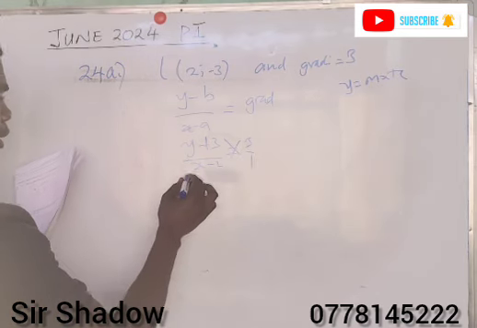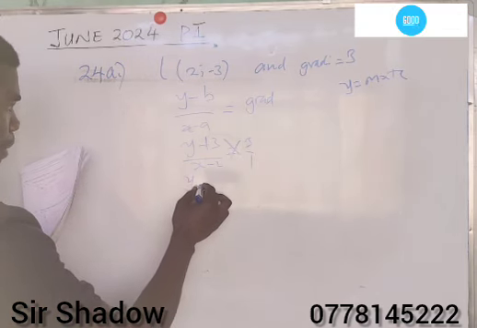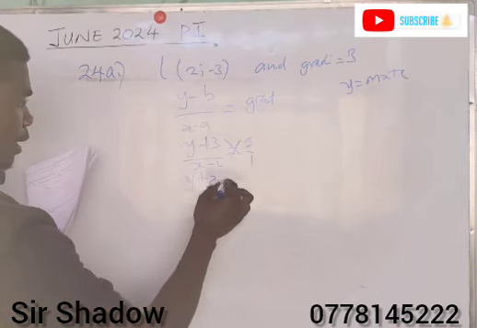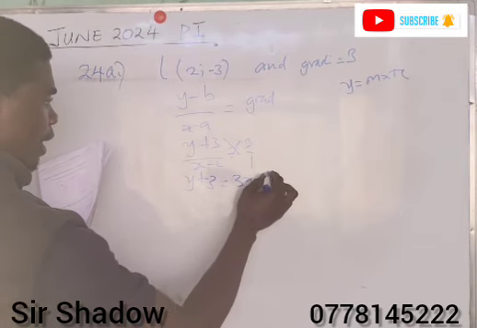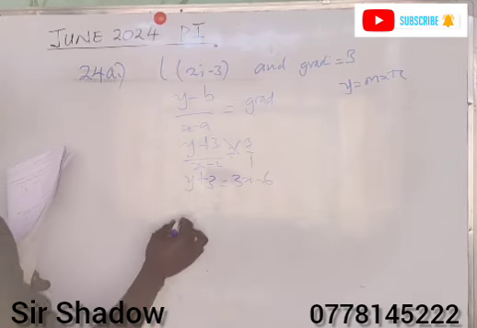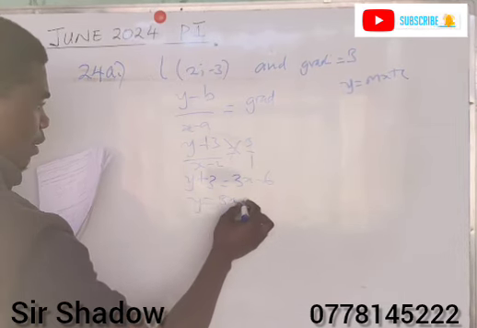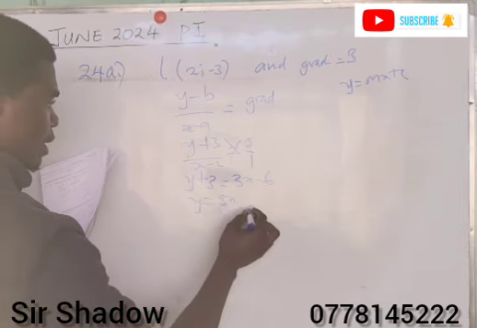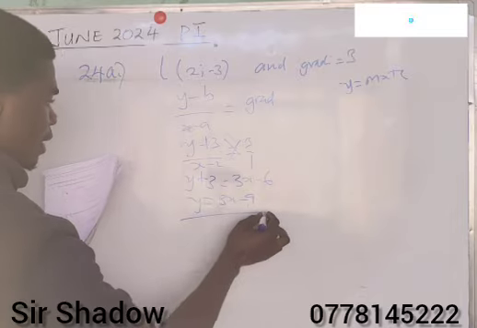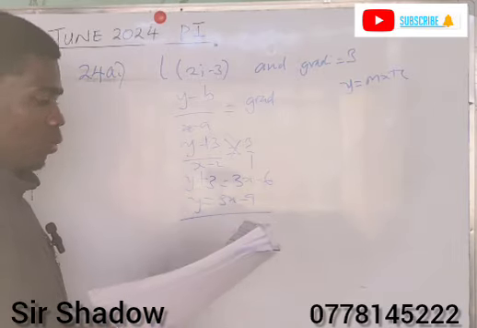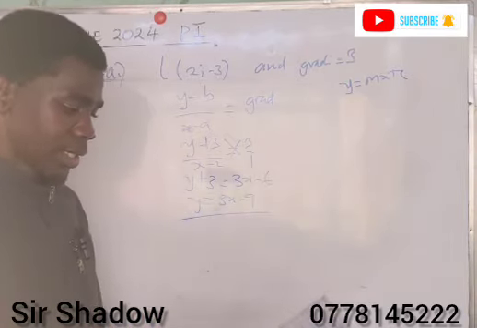Cross multiplication: here we have y plus 3 equals 3x minus 6. So y equals 3x, then minus 6 minus 3, it becomes minus 9. This is the equation of the line in the form y equals mx plus c.